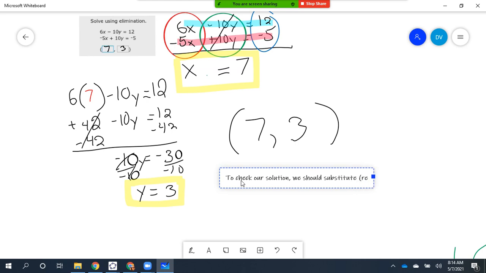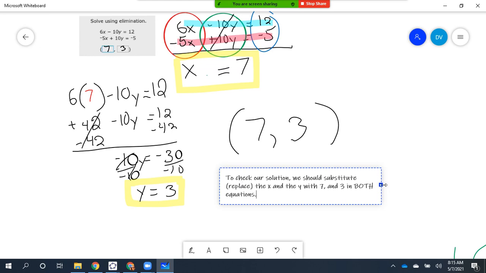This means to replace. We should replace the x and the y with 7 and 3 in, here's the key word, both equations.